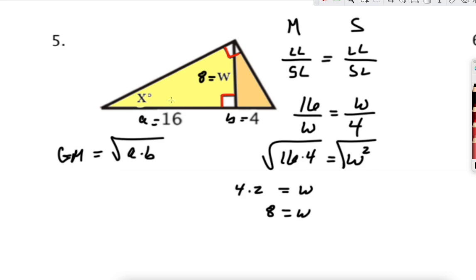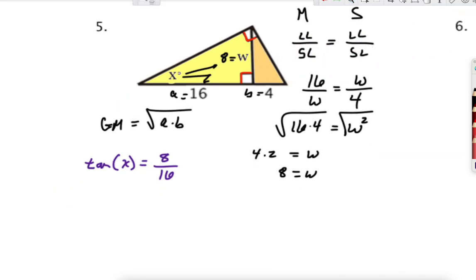And now how do we get x? I know the opposite leg here is 8, and I know the adjacent leg here is 16. So therefore, I can use tangent of x and set that equal to opposite leg over the adjacent leg.